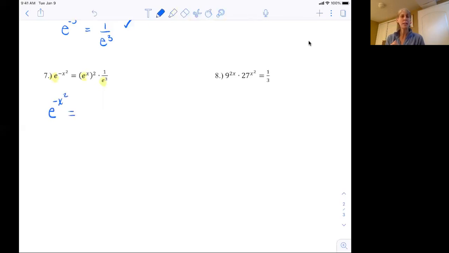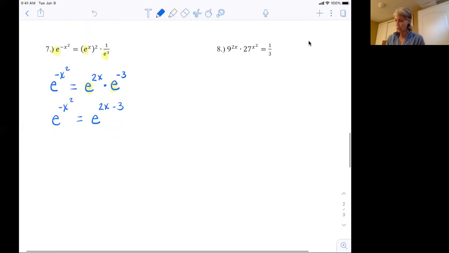I've got to deal with the right side. So e to the x squared, when I raise a power to a power, I'm going to multiply the powers. And I'm going to rewrite 1 over e cubed as e to the -3rd. Now when I multiply like bases, I can write that as a single base and add the powers.